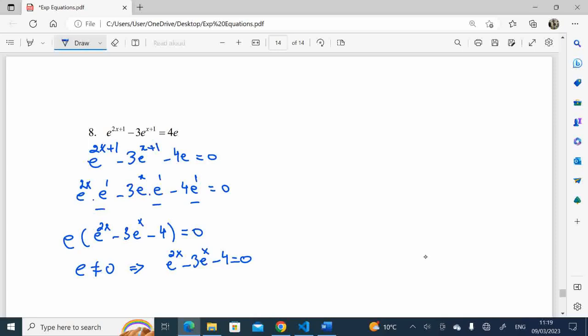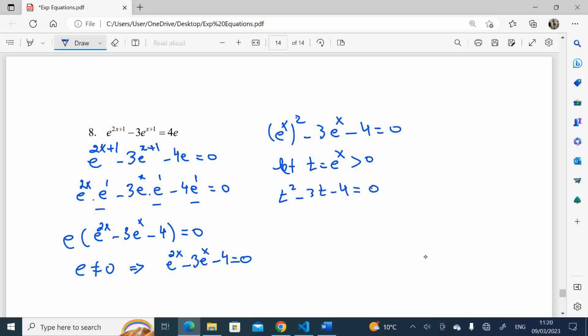So again, this equation is similar to the previous ones. If I write e^(2x) as (e^x) squared minus 3e^x minus 4 is equal to 0. So let t equal e^x, which is strictly positive, we get t squared minus 3t minus 4 equal to 0.